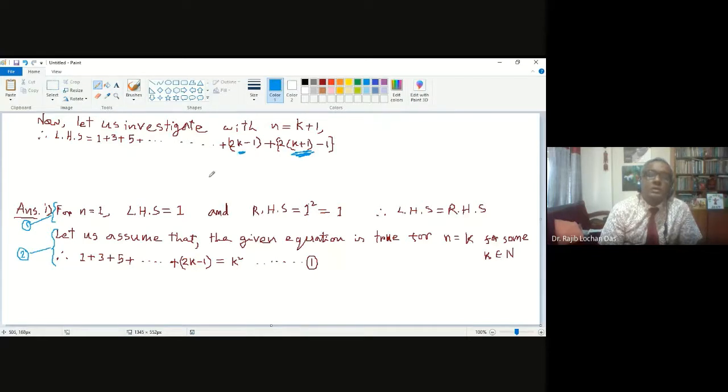What is n here? n equal to 1 for this case. What is n here for 3? It is n equal to 2. And here it is n equal to 3. So every time it is one more n. In this case it is k plus 1 as the n value, and for this case it will be only k.